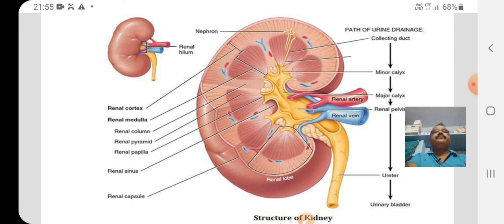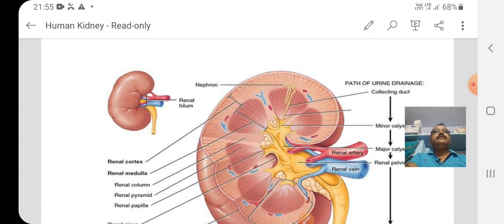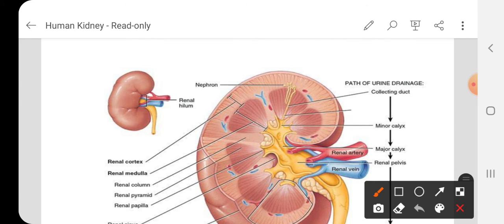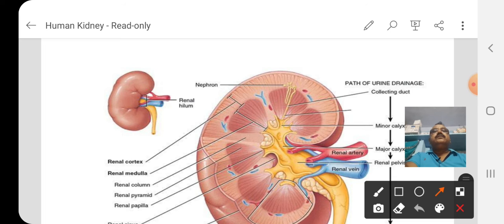This is the longitudinal section of the kidney. You find here this is the nephron, which is yellow in color in the diagram. Then the kidney tissue is divided into two parts, renal cortex and medulla. In between the pyramids, because kidney contains the pyramidal structures. These are the pyramids.